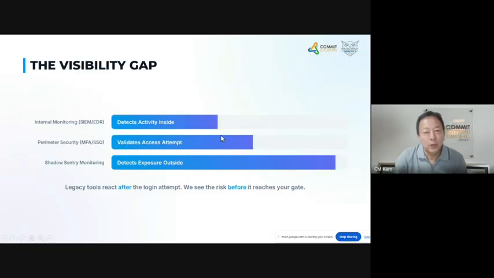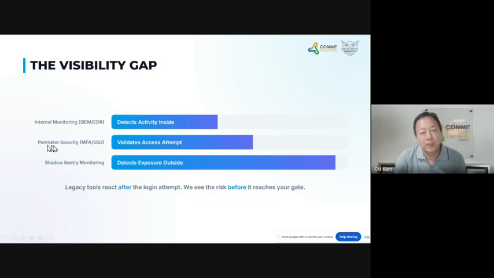Okay, so the visibility gap is very simple, right? For internal systems, you have your SIEM, you have your EDR system, and whatever other security tools. But what do they detect? They detect activities inside your organization, meaning abnormal activities.